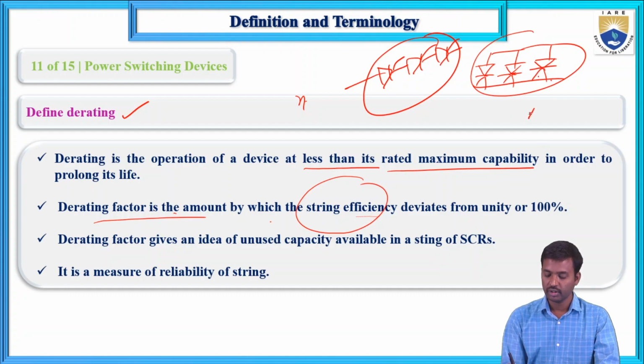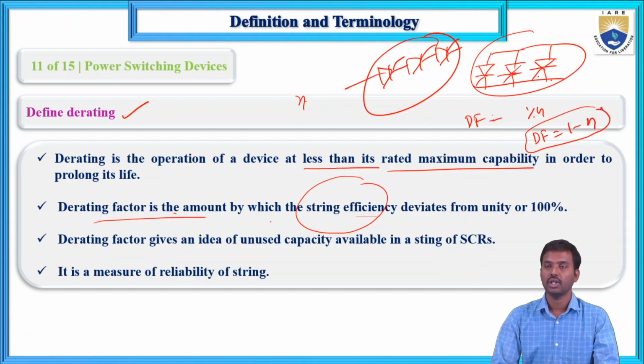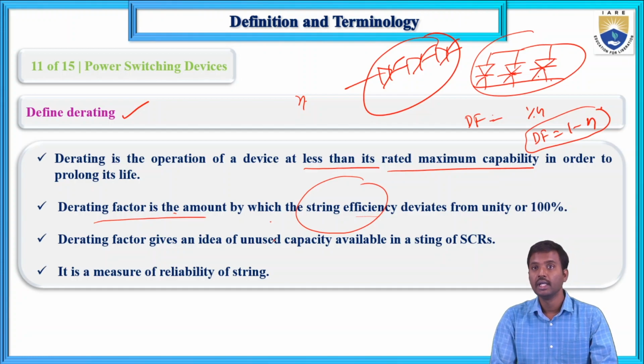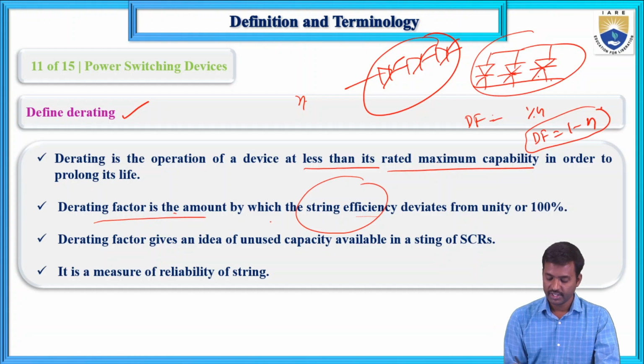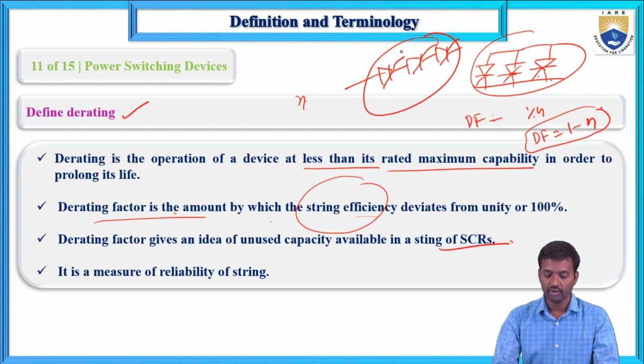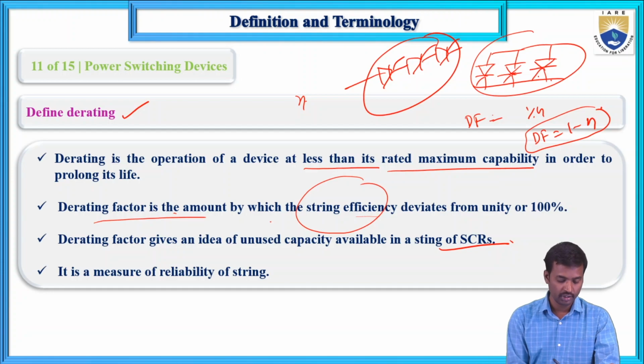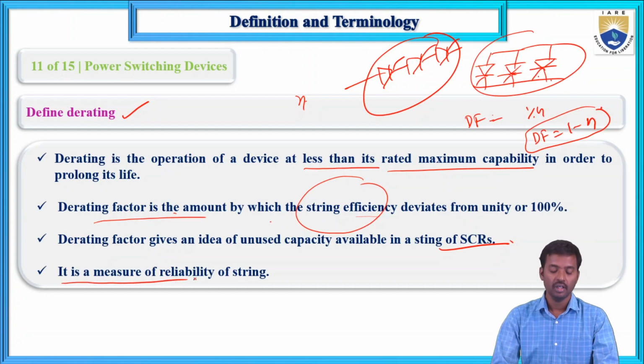Derating factor equals 1 minus string efficiency, or 100 minus the string efficiency percentage if it is in percentage. The derating factor gives an idea of the unused capacity available in the string of SCRs, and it measures the reliability of the string.